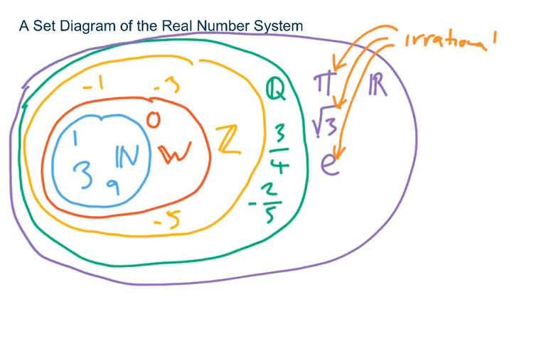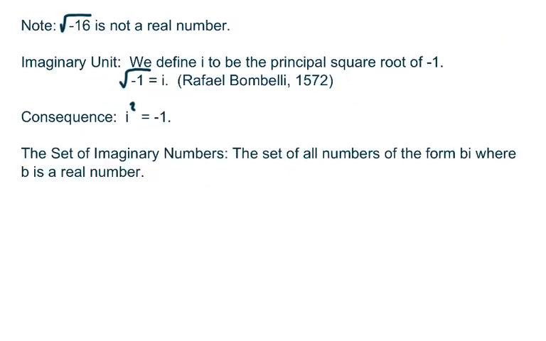And so you may wonder, with all that discussion, is this everything? Are there numbers that don't fit into any of these categories? Here I want to bring in what we've discussed recently about square roots, where we noticed that, for example, the principal square root of -16 is not a real number. By that we mean there is no real number that when you square it, the result would be -16.